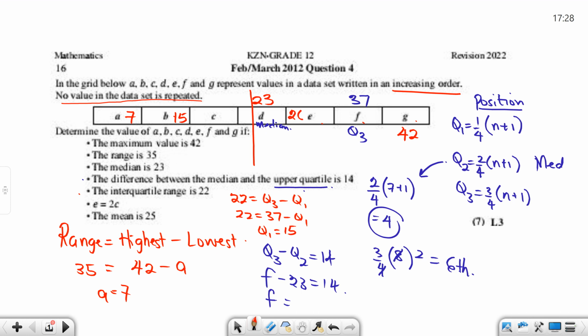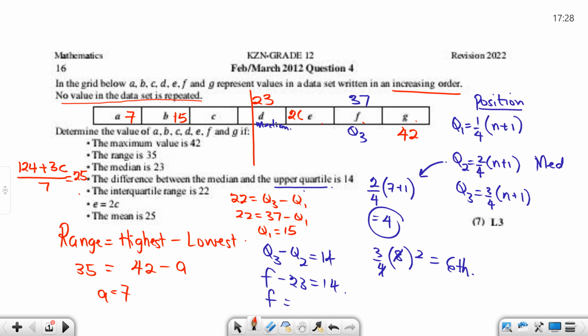Let's confirm. 124 plus 3C over how many do we have? Should be equal to the mean, 25.